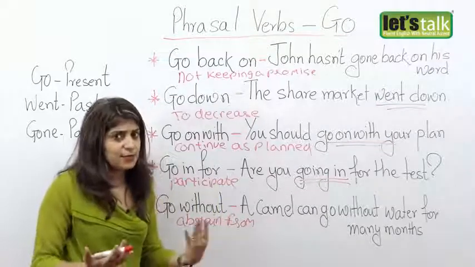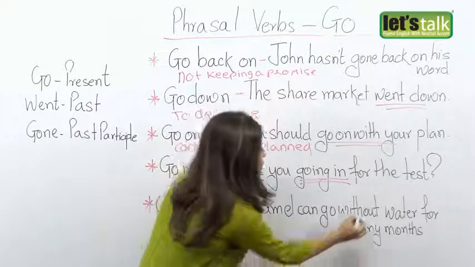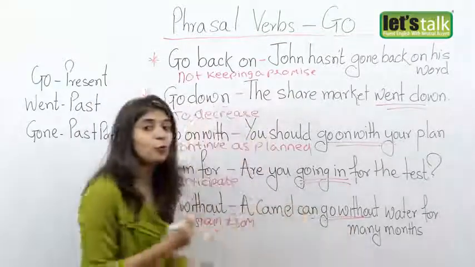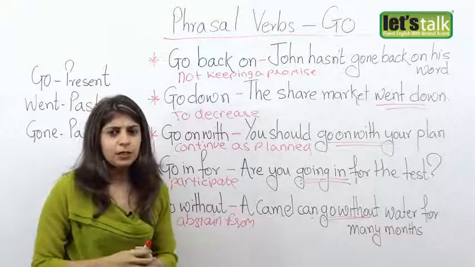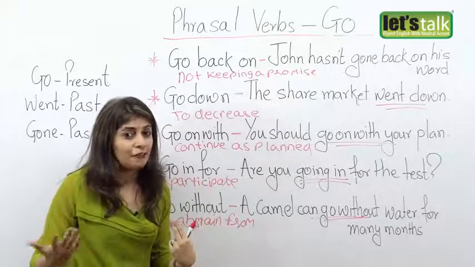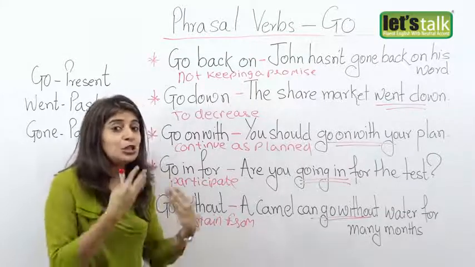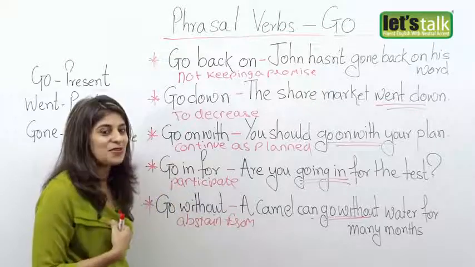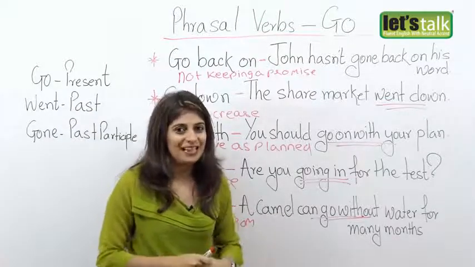Because he lives in the desert and he can go without water. So that's why we've used that he can go without water for many months. Like for example, maybe I can't go without coffee every day. So this means I'm so addicted to coffee that I can't do without it, right? And that's why I'm using the phrasal verb: I can't go without coffee every day, right?